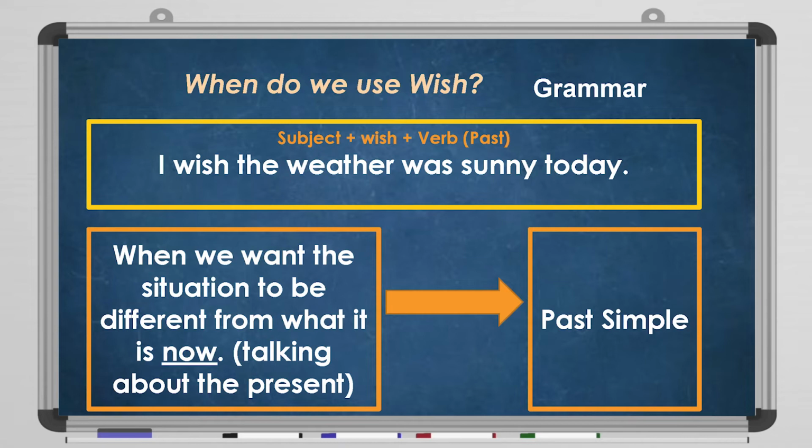When I use wish in the present, I will use the past tense to express my wishing for this situation to be different. So, I wish the weather was sunny today. So, was here is in the past simple.